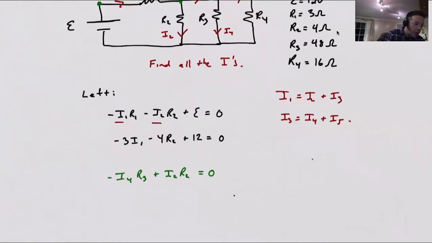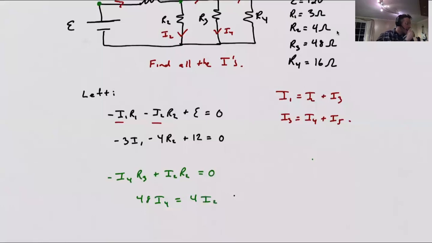Plugging in R3 and R2, we see that this is a minus, and let's keep that one in green, minus R3 which is 48 I4, and why not just move it over to the other side: 48 I4 is equal to I2 times R2, which is 4 I2.